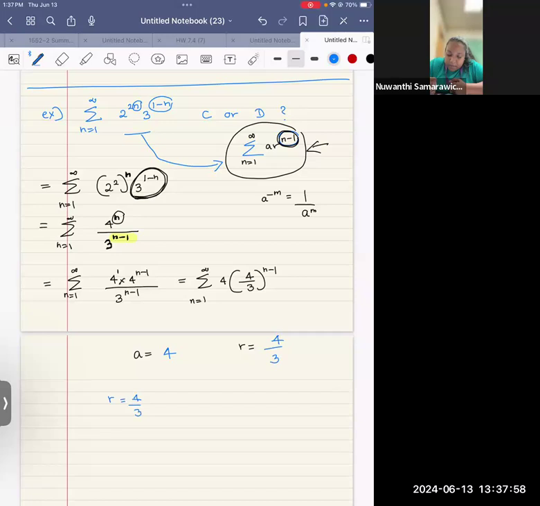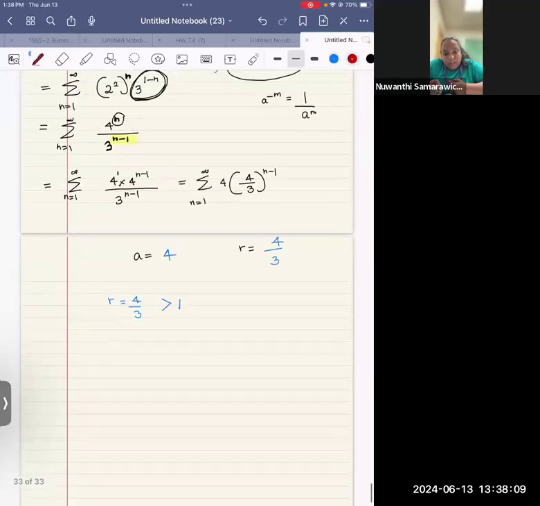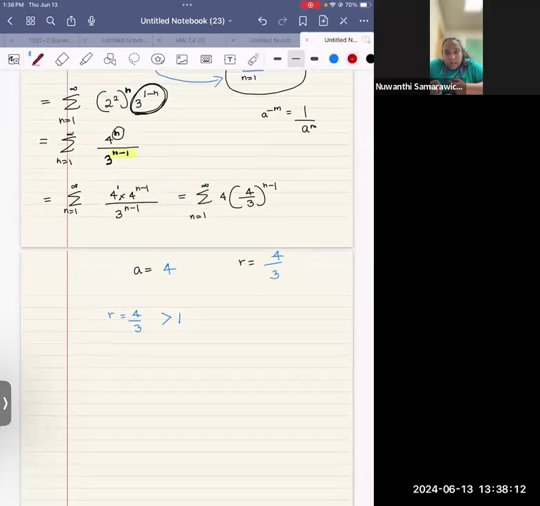Is it less than 1 or greater than 1? It's greater than 1, right? So then what can we say about the series? It's divergent, because R is greater than 1, thus the series diverges. So we cannot find a sum because the series diverges.